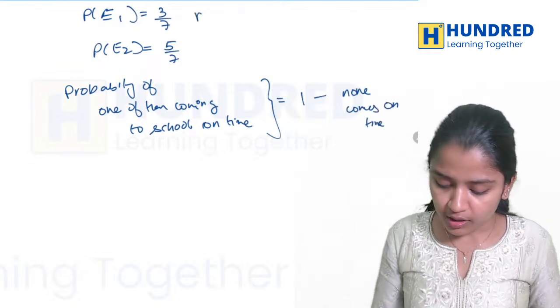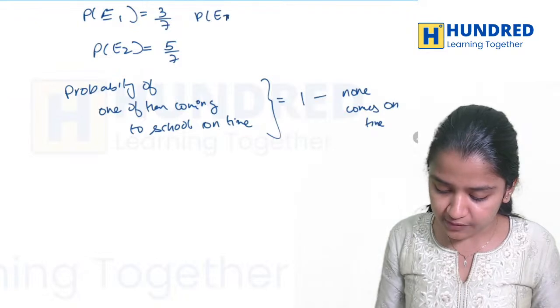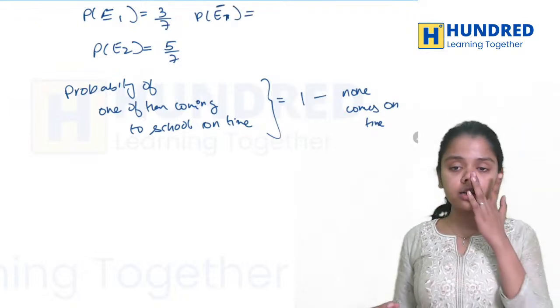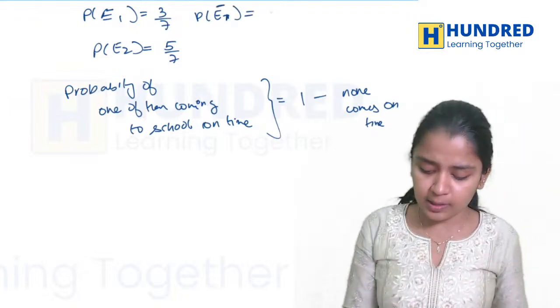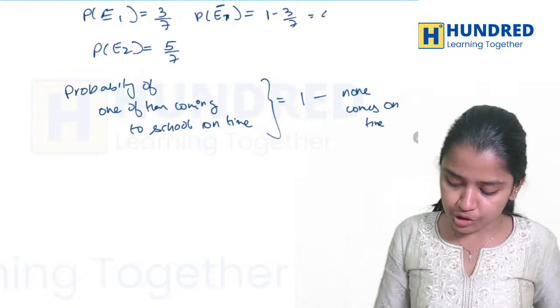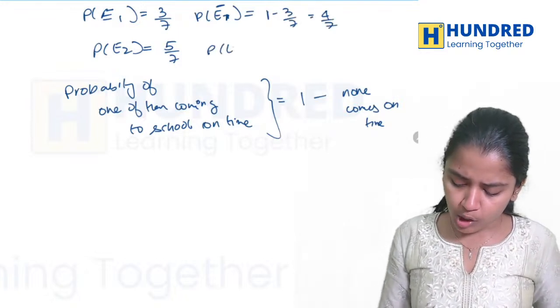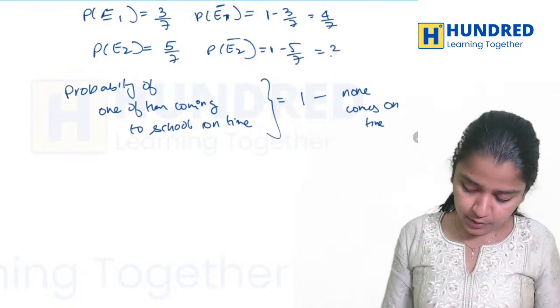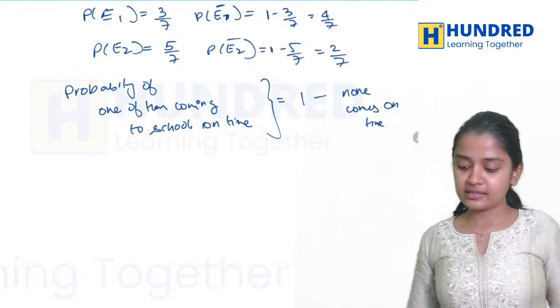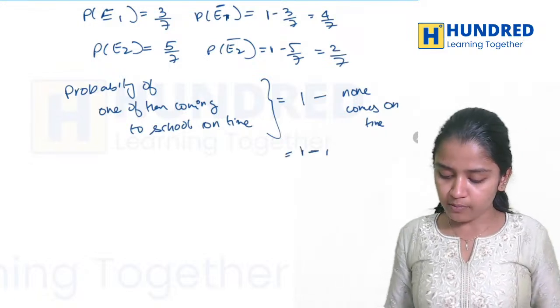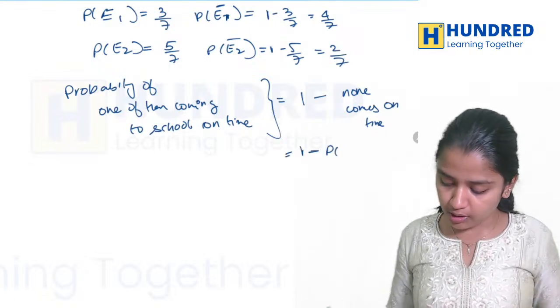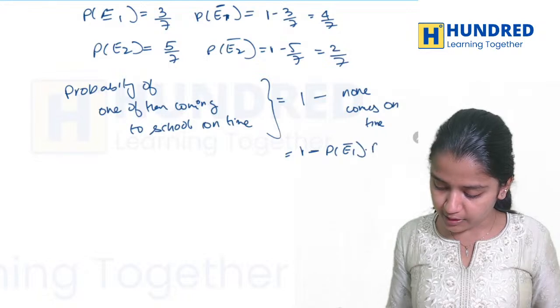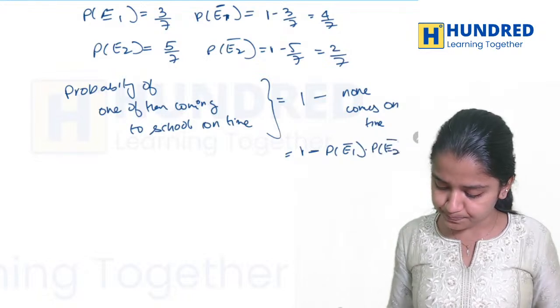So P of E1 complement, student A not coming on time, is 1 minus 3/7 which is 4/7. P of E2 complement is 1 minus 5/7 which is 2/7. So basically this is 1 minus P of E1 complement into P of E2 complement.